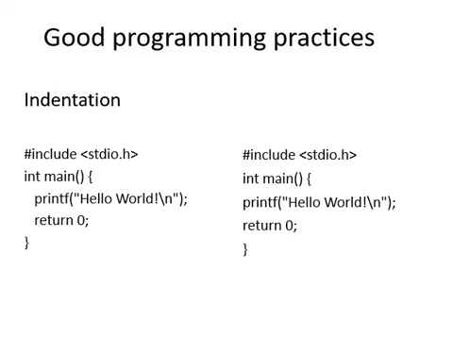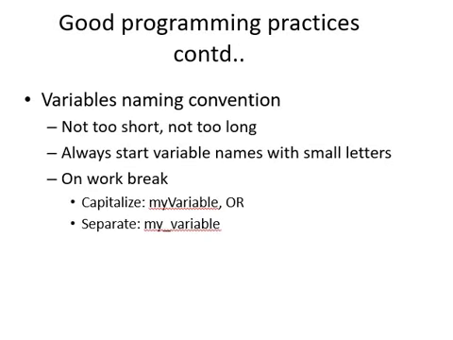In the same way, we have naming conventions for variables: a name cannot be too short and it cannot be too long. Always start variable names with small letters, and you can use underscore to separate words for clarity.